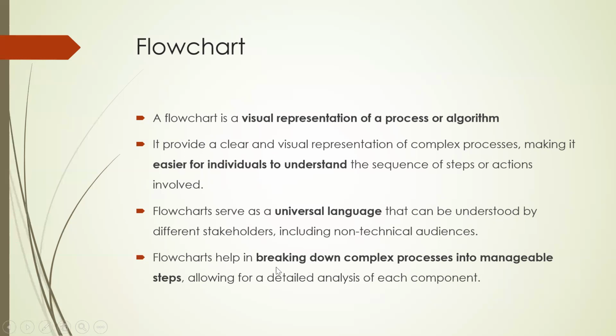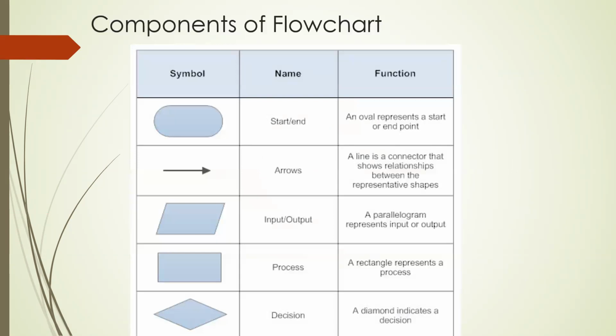Third, the flowchart helps in breaking down complex processes into manageable steps, which allows for detailed analysis of each and every component. So flowchart is nothing but the pictorial, or graphical, representation of an algorithm. We'll discuss with an example for more clarity.